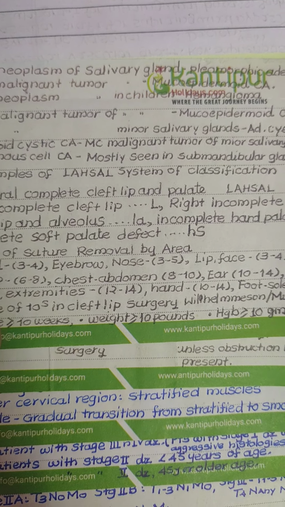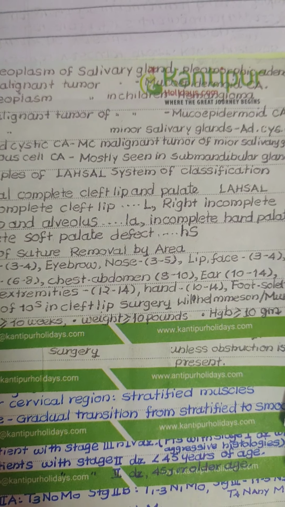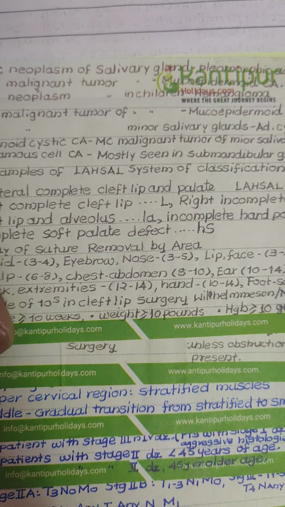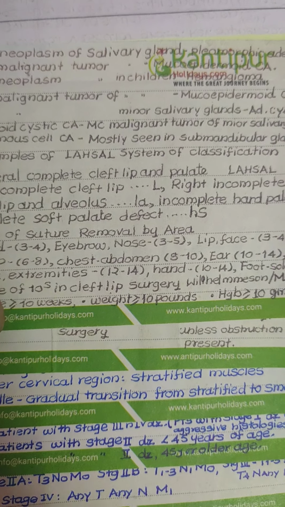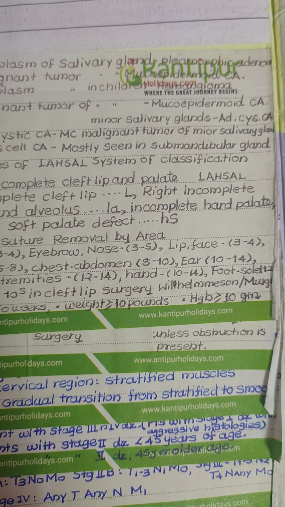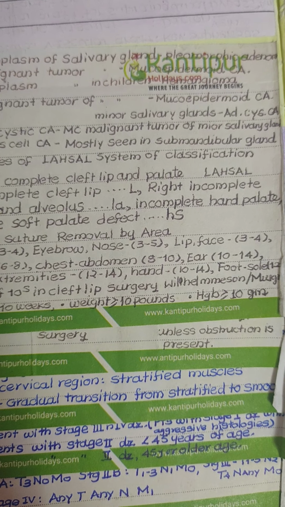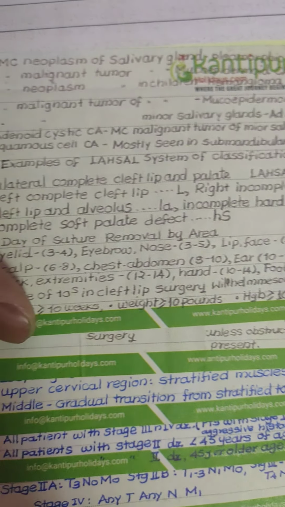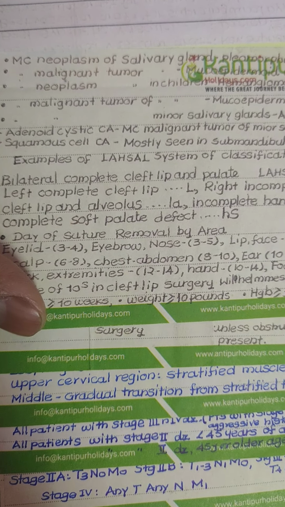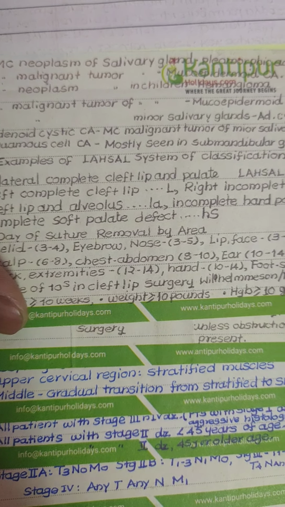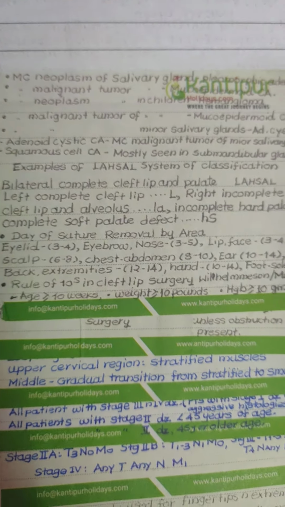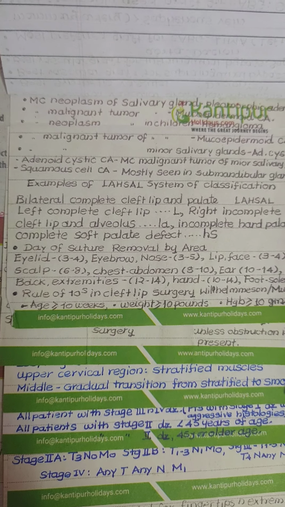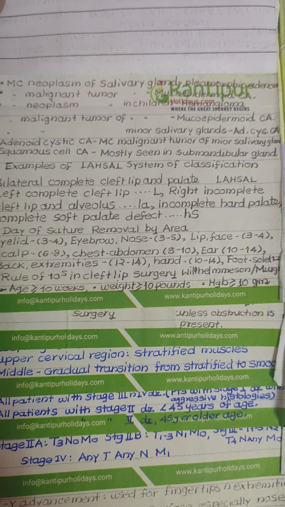Most common neoplasm in children is hemangioma. Malignant tumor of children is mucoepidermoid carcinoma. In minor salivary glands, adenoid cystic carcinoma is the most common malignant tumor.